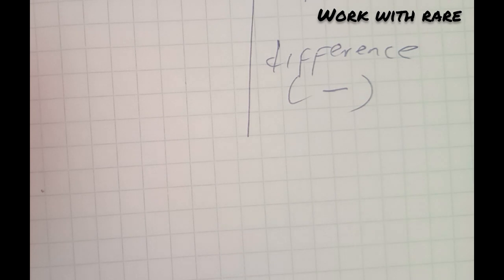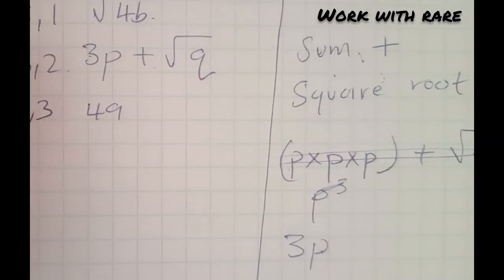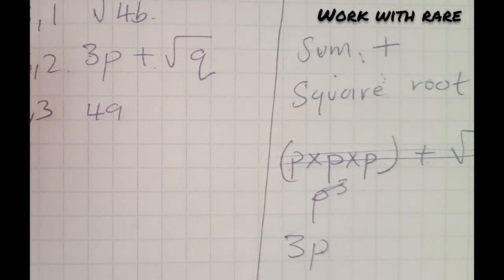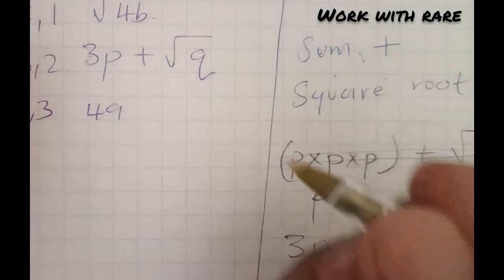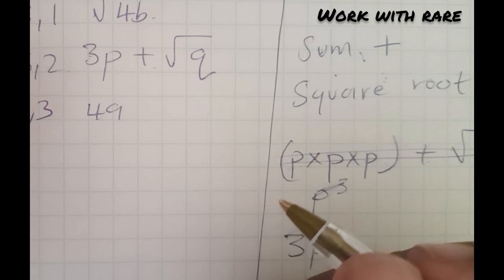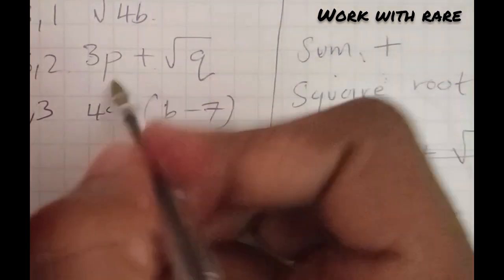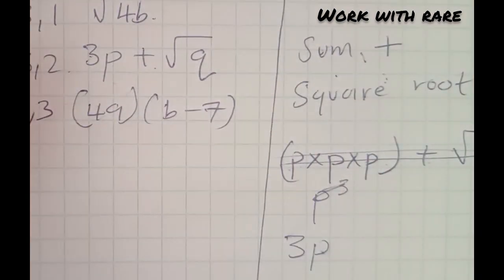I bet some already knew. And when we say the product, we should multiply. Since our difference is not a single number, it will be b minus 7, which means we should put it in brackets. So that's how you should do it.